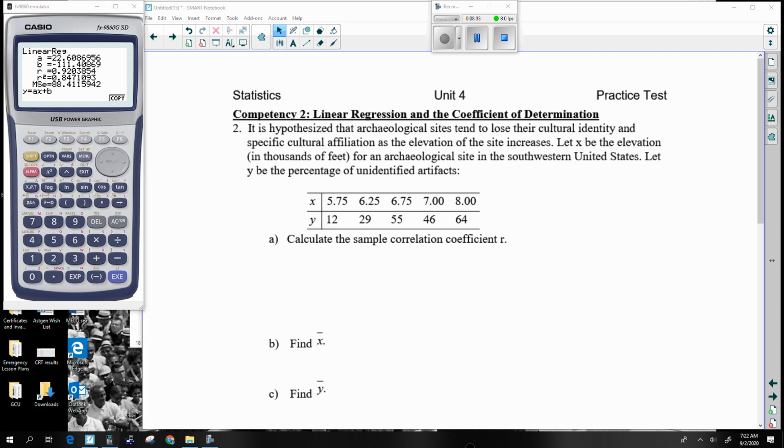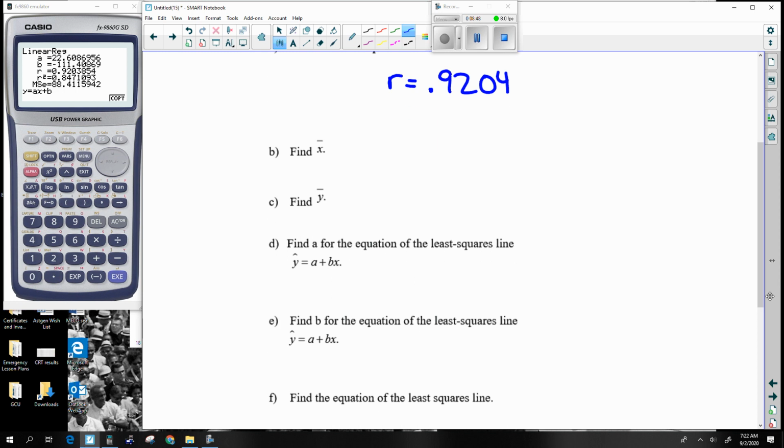Anyways, let's go ahead and take these answers. r is equal to 0.9204. We'll come back to x bar and y bar in just a moment.